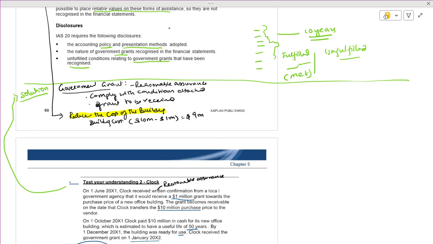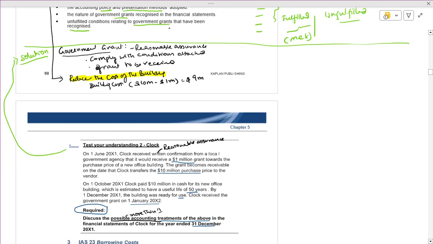Now, when they have said it is for June 1st, and the calculation is going to be on 31st December, it is for how many months? It is for 6 months.